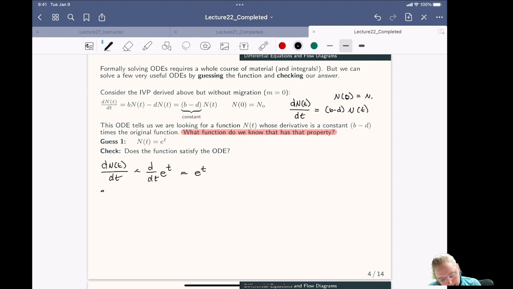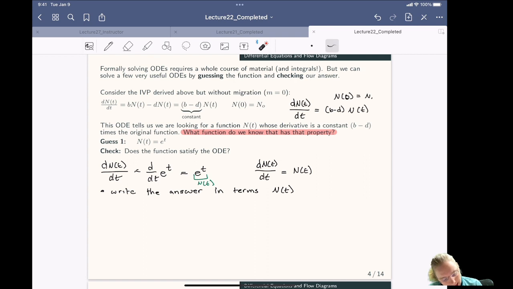Now, the key here is we want to write the answer in terms of our original function N of t. Luckily, this quantity here, e^t, is equal to N of t. We can get that from right here. So we end up with dN(t)/dt is equal to N of t.